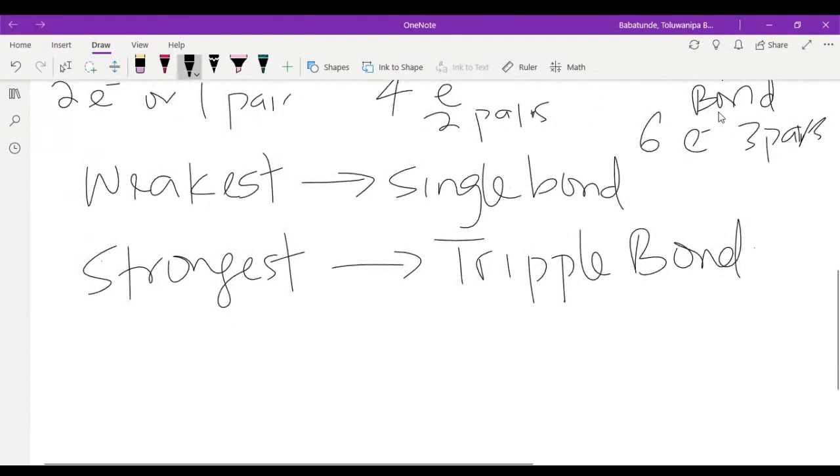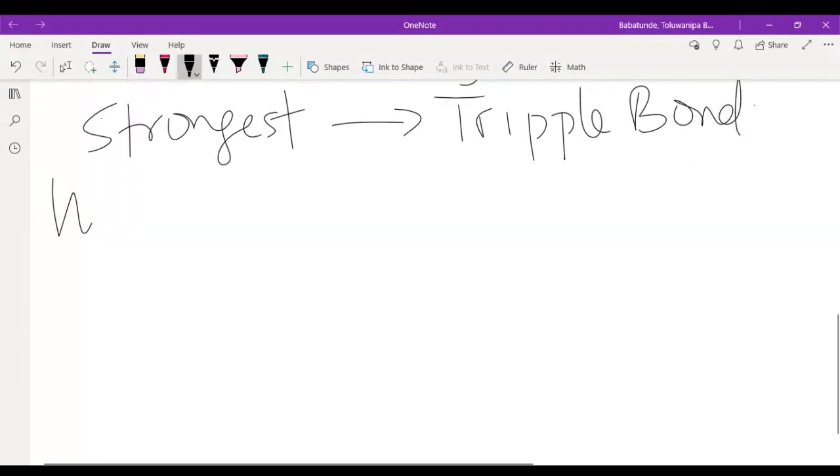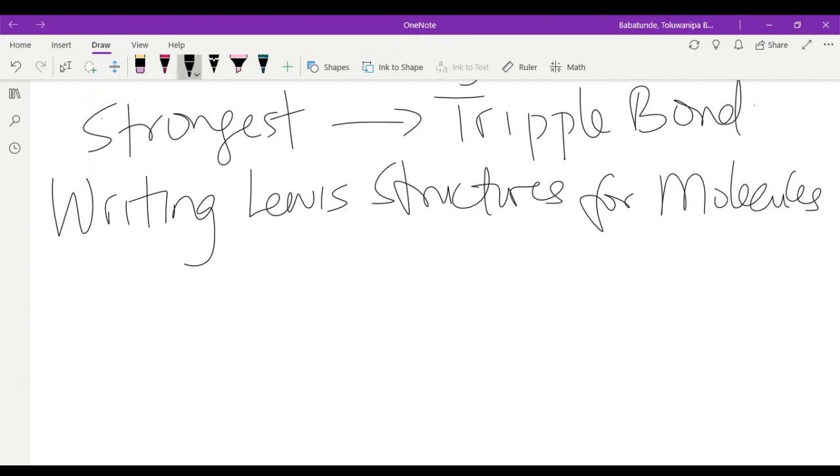So we want to look at writing Lewis structures for molecules. For molecules, especially heteroatomic molecules where we have different atoms and they are more than 2, we have rules that we use to write the structures.